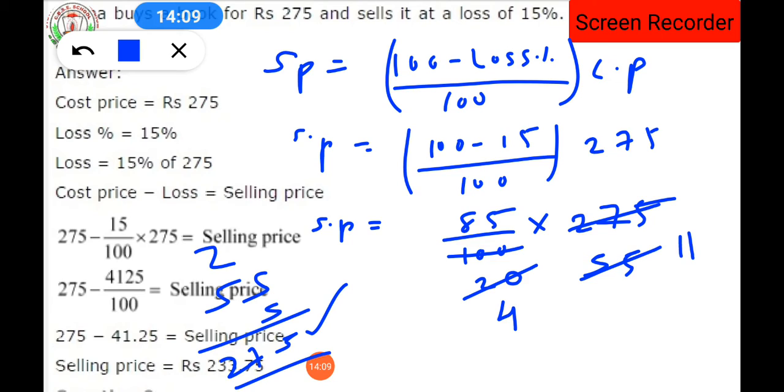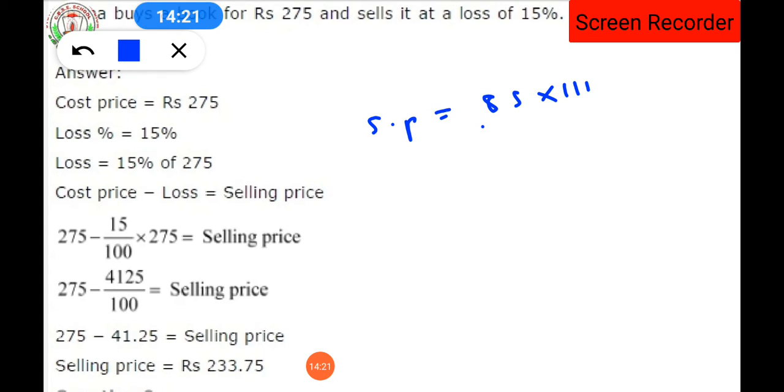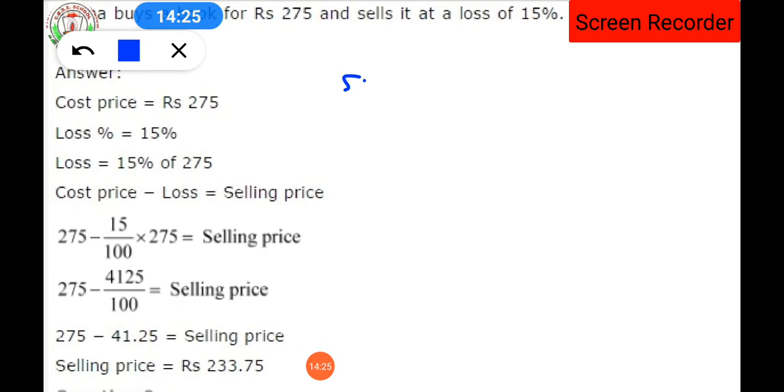Okay, so what number are we left with? That is 85 into 11 upon 4. SP equals 85 into 11 upon 4. This is the number left out. Now can you see that 4 in the table of 4, 85 does not come, 11 does not come.